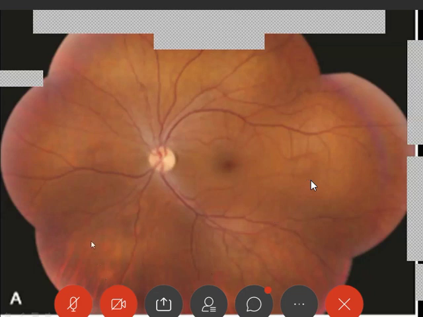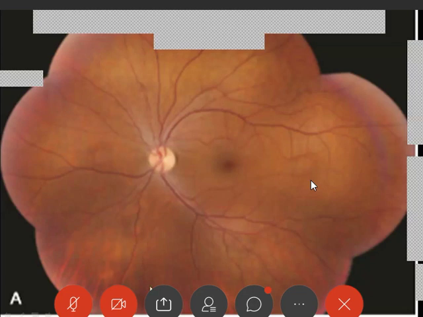The other zone is the equatorial zone. This is marked by the vortex veins. Are you able to see that there are flower-like veins? These are known as vortex veins, and the area surrounding those vortex veins is the equatorial region.